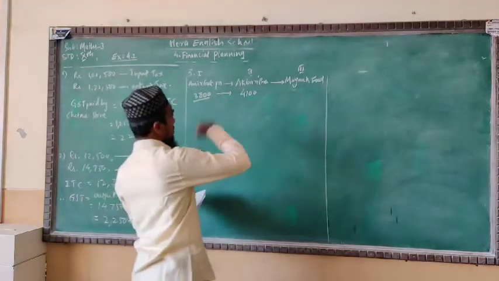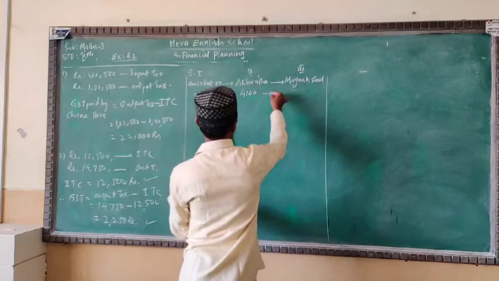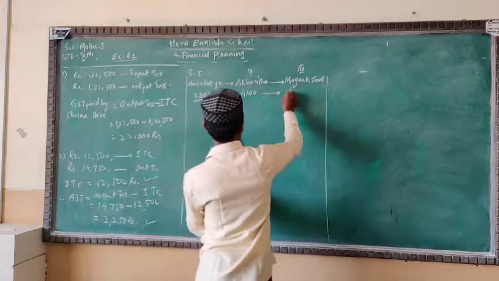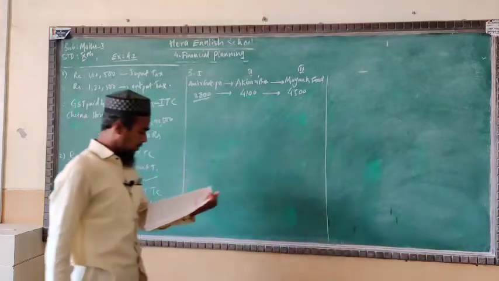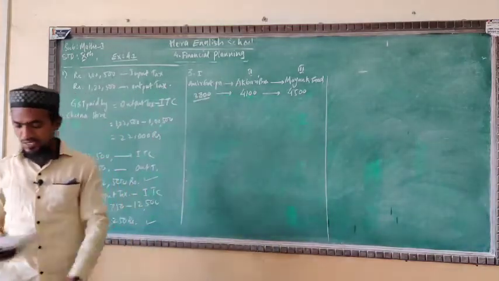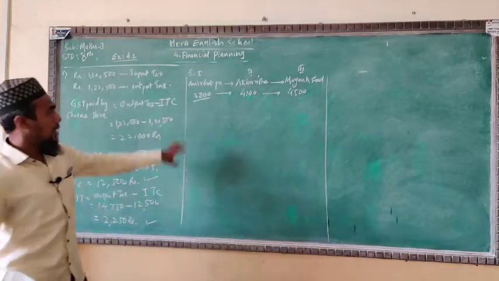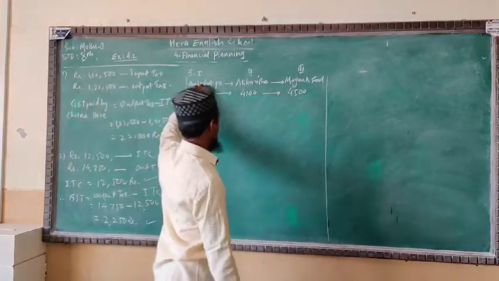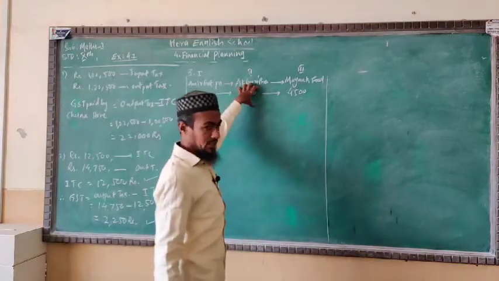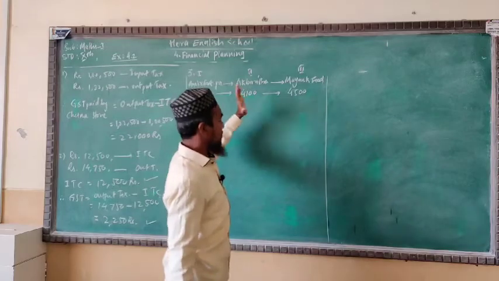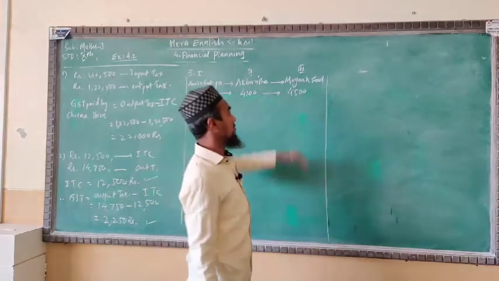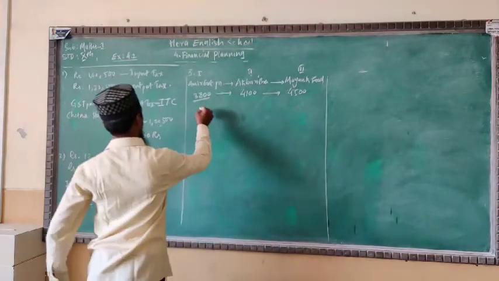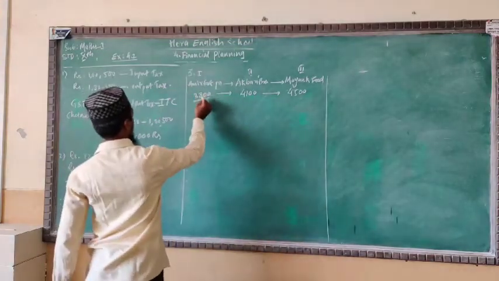Then Akbari Brothers sold these goods to the Mayank. The amount was rupees 4,500. Find the amount of GST payable at every stage. Here Amer already paid the GST, okay, and the Akbari Brothers paid the GST on the amount of 4,500. So we'll bring the GST which is paid by Amer.